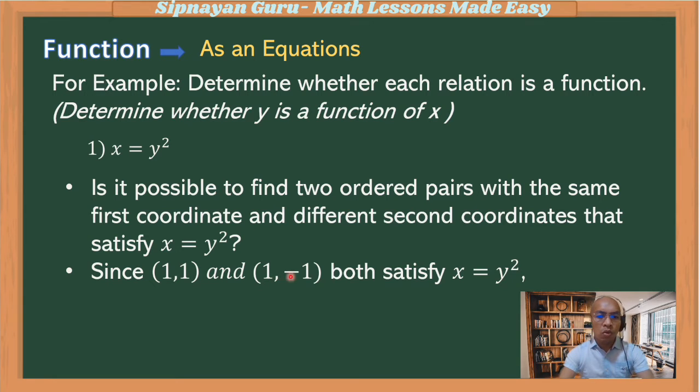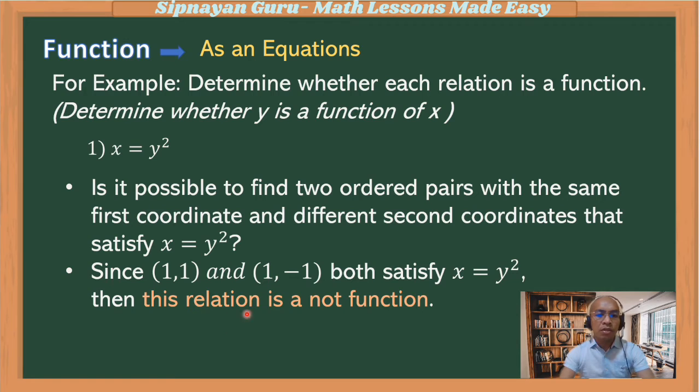So these two ordered pairs both satisfy the equation x equals y squared. As you can see, in these ordered pairs we have the same x coordinate or input, but different output or y coordinate. So in this case, this relation is not a function because this is a one to many correspondence.